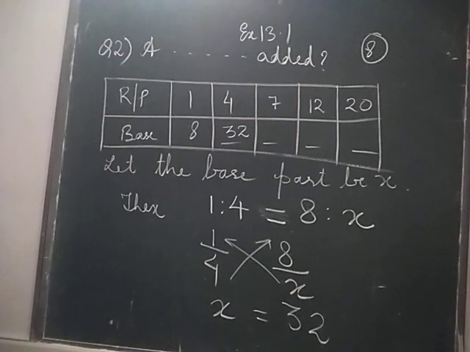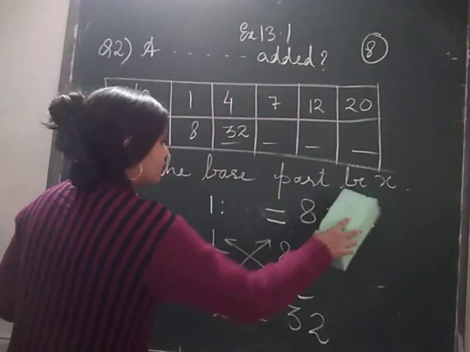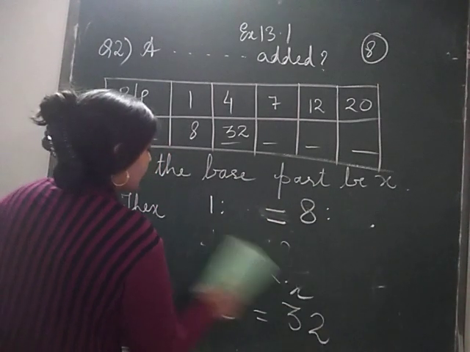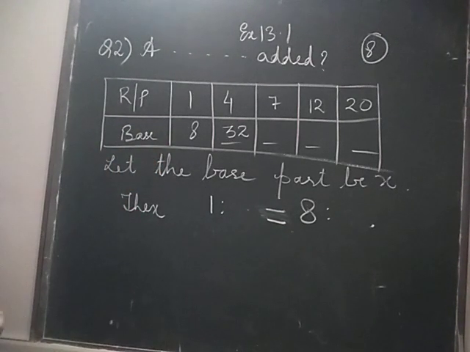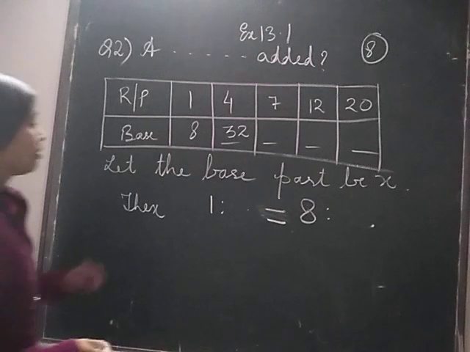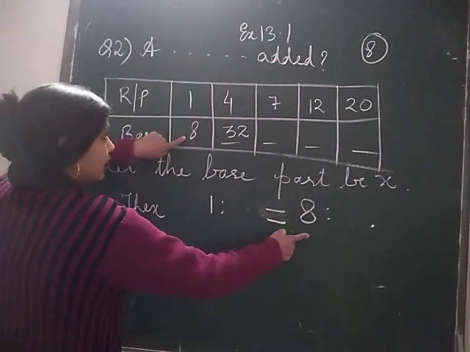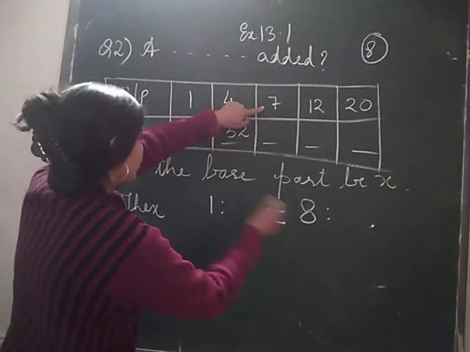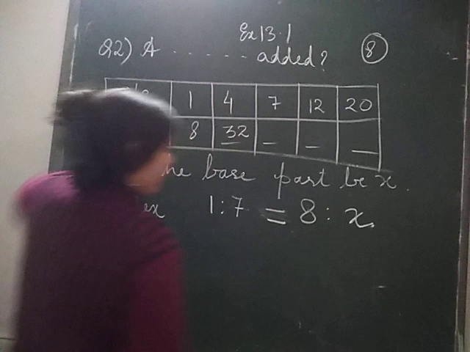Then let's do the second one. When red pigment is 1, base is 8. So when red pigment is 7, base is x.